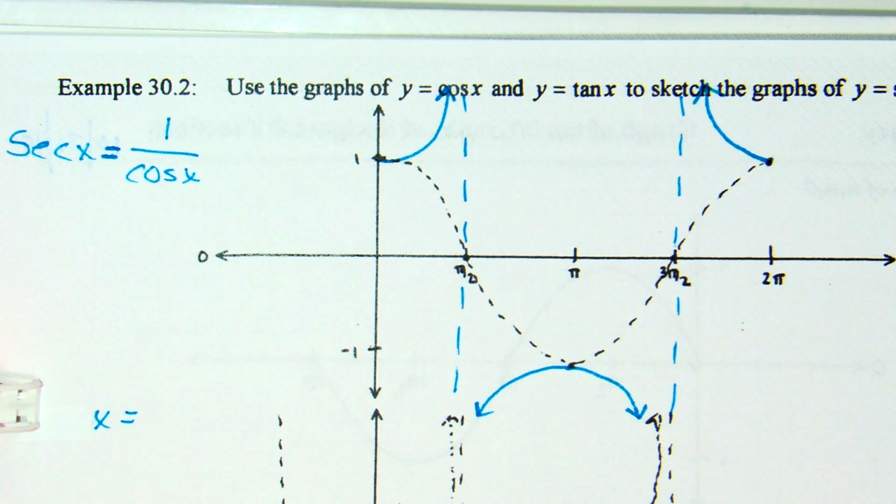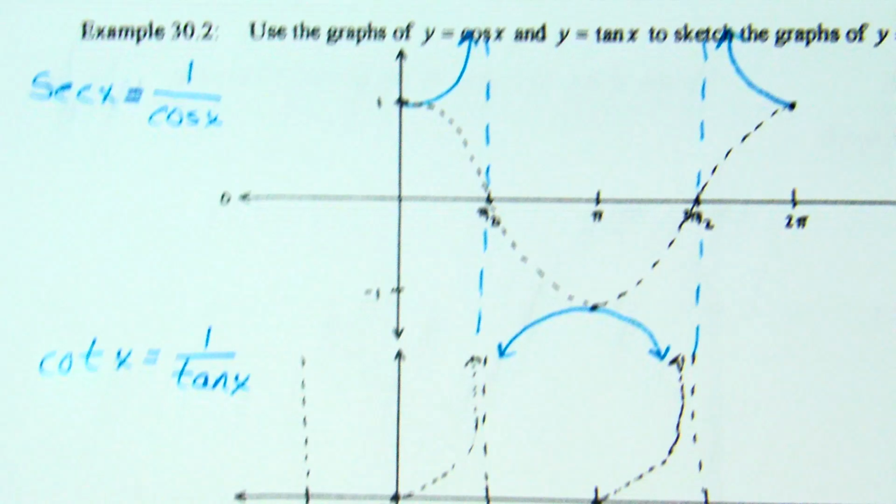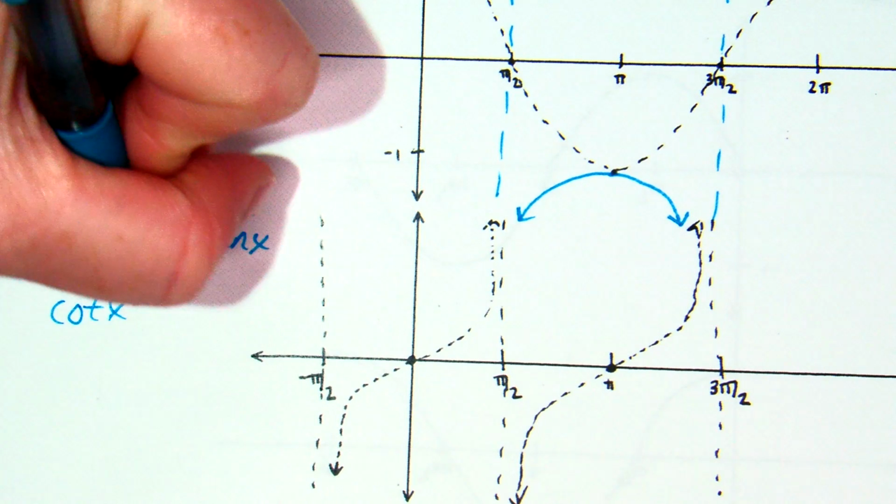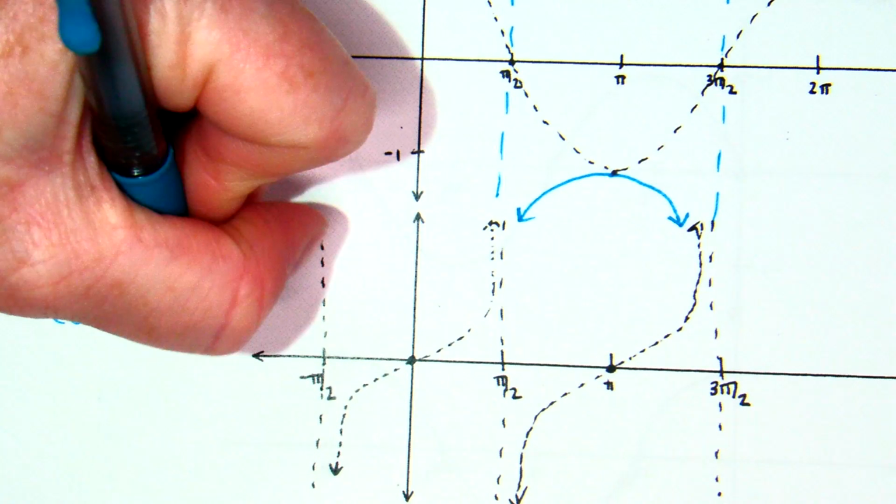Cotangent is 1 over tangent, right? So that's what they're wanting us to think there, is that cotangent is 1 over tangent. However, what's the other way you could also think? Yeah. Cotangent x is cosine x over sine x.